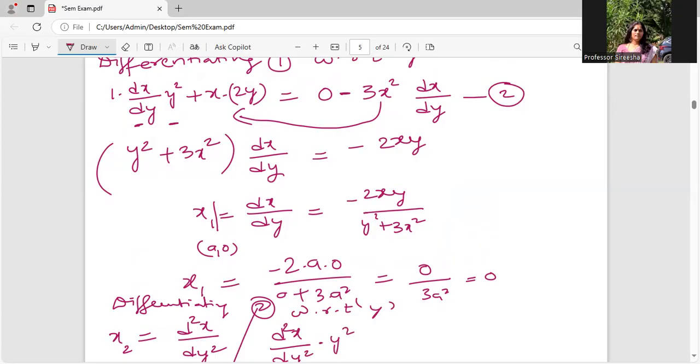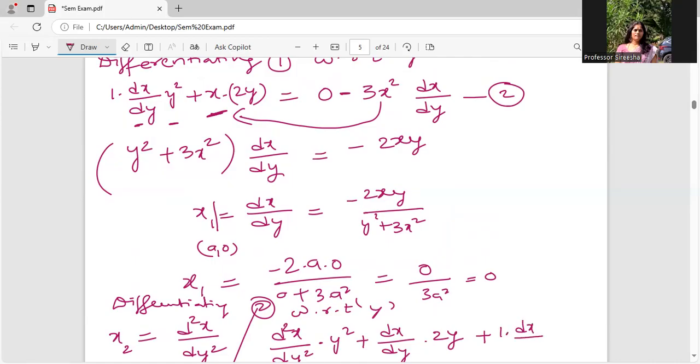Y square is a constant. Next, dx by dy, I will leave as it is. Y square derivative would be 2y. Plus, coming to the second term, from each term the contribution is two terms. X derivative is 1.